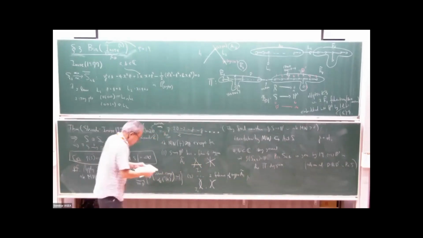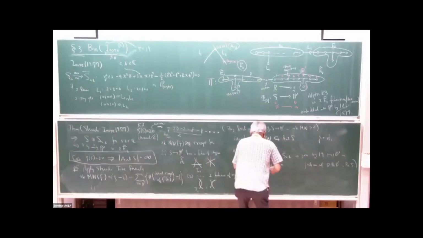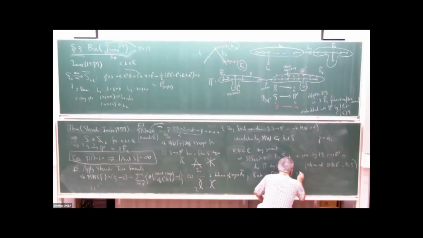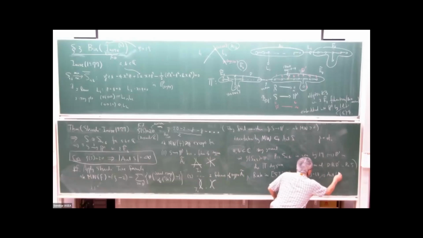And their remark is as follows. In the Shioda-Inose paper in 77, when Picard number is 18, then the automorphism group of S is finite.